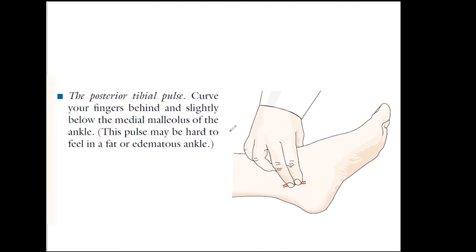On the foot, we can find a lot of pulses here. Another one, the posterior tibial pulse. That's basically on the medial side of the foot. We put a finger slightly below the medial malleolus, the medial side of the ankle bone.